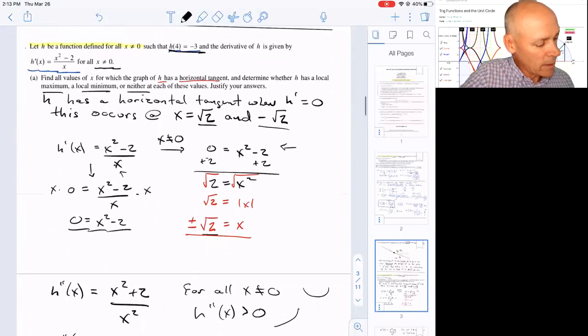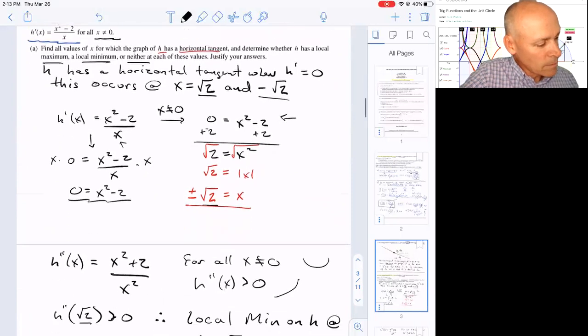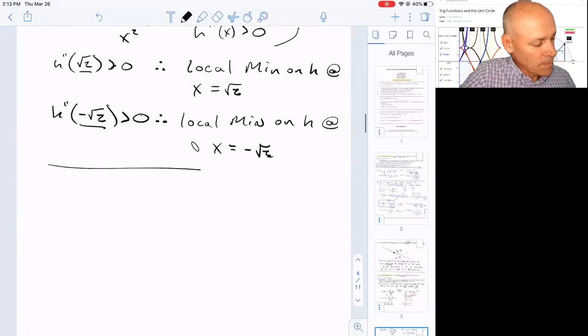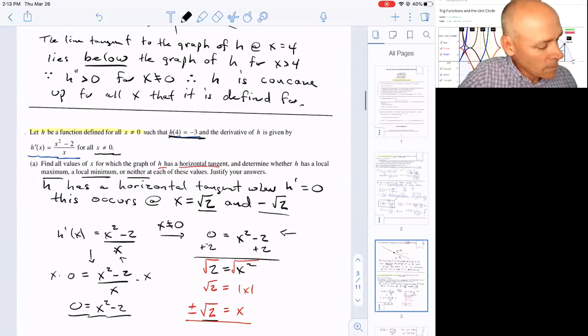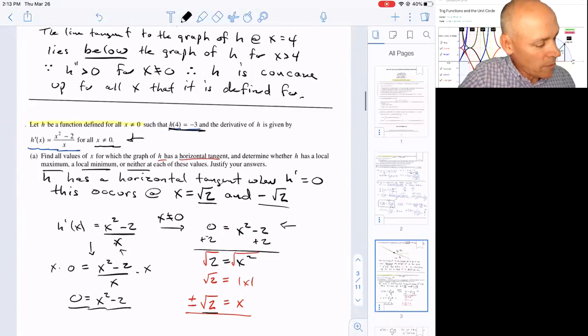So if we look at that, let's think about that. We've got h prime at x is equal to x squared minus 2 over x.